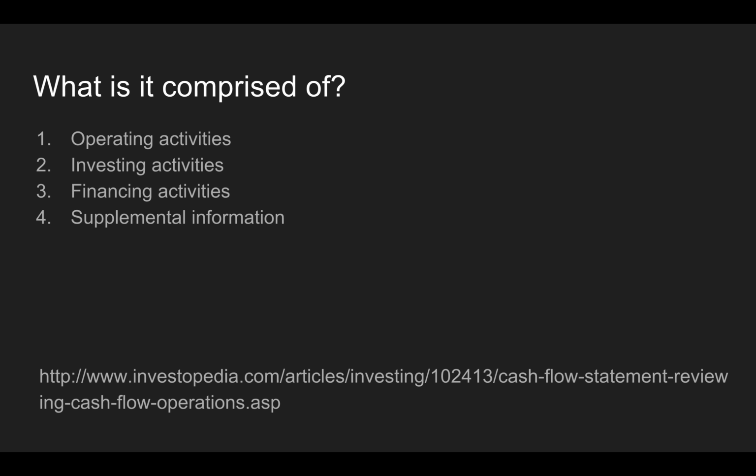Three is financing activities, and then four is supplemental information. We're going to look at a couple of examples of cash flow statements here in just a second, just to get a better idea of what this actually means. But just keep in mind you're looking for four pieces of information: operating, investing, financing, and then the supplemental information.